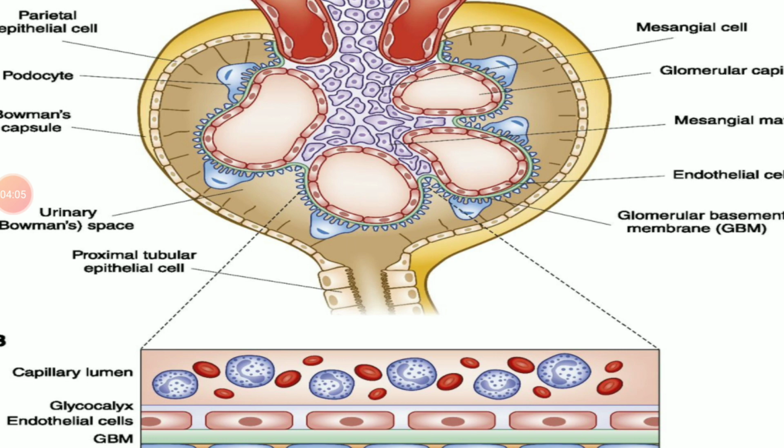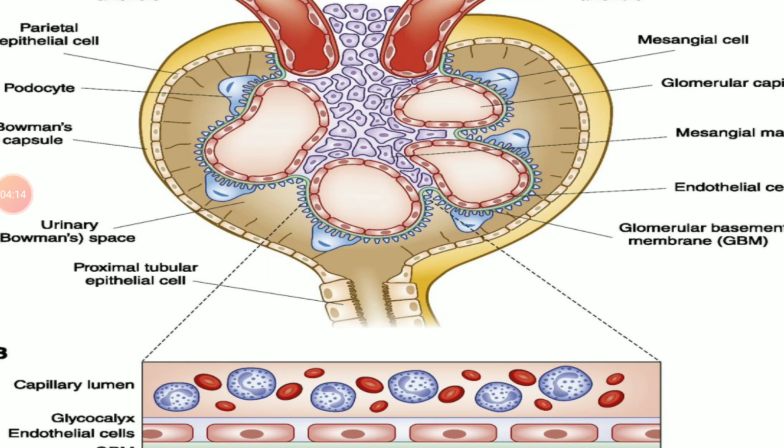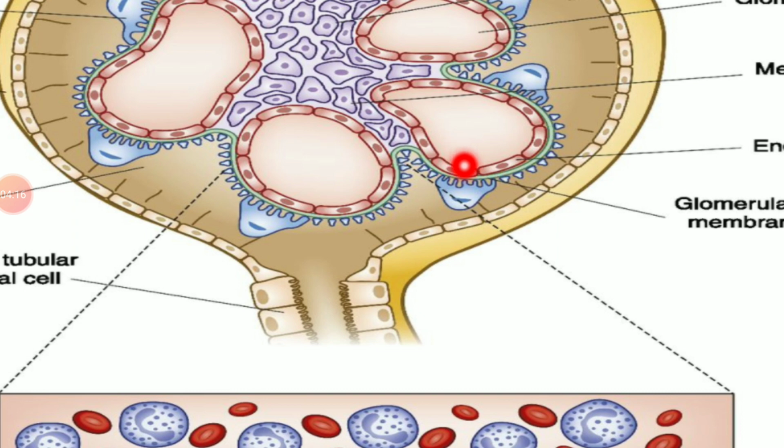And remember, these visceral layer epithelial cells have become modified, specialized. Here you can see this typical epithelial cell has developed foot processes, so you can call this cell a podocyte also. And in between the foot processes, you can see a slit, a tunnel-like structure, through which the filtered blood has to travel.